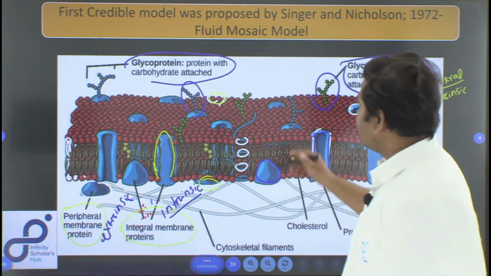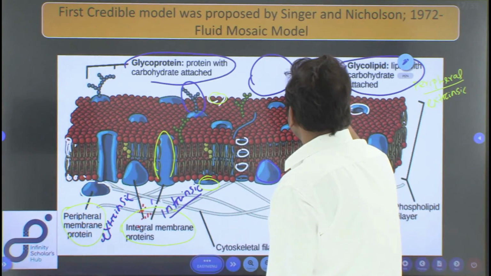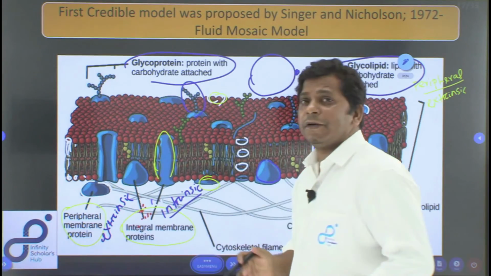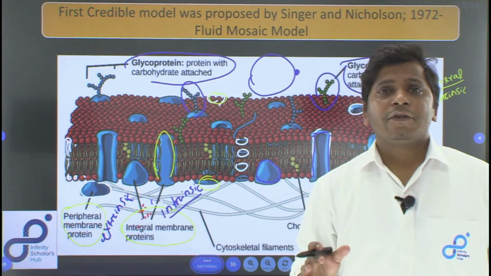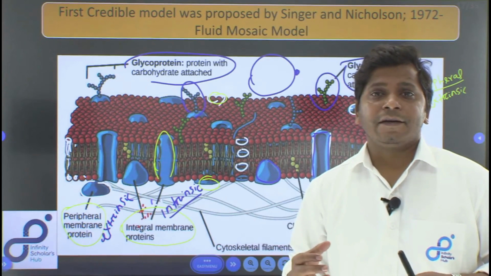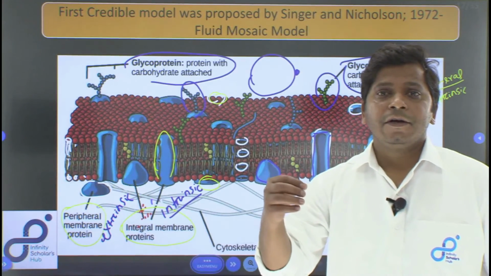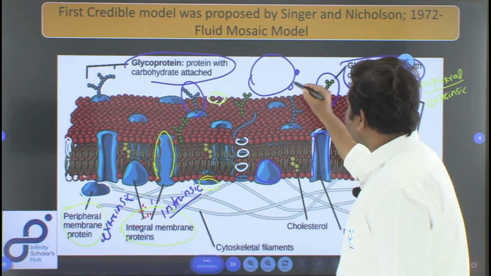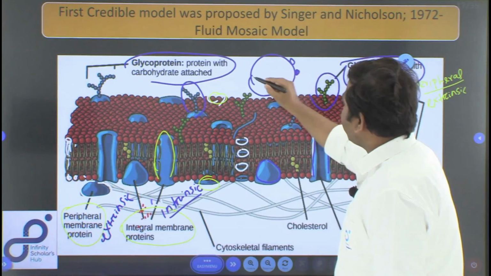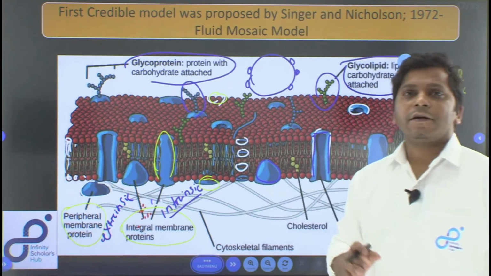So suppose this is the cell. The receptors outside the cell are made up of either glycoproteins or glycolipids. They mostly facilitate substances to come inside the cell by interacting with these receptors. Like all the foreign antigens, when they enter the cell, they come through the receptors.